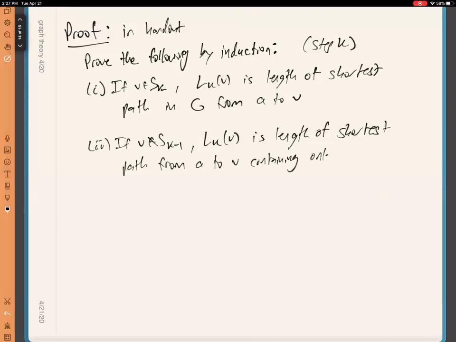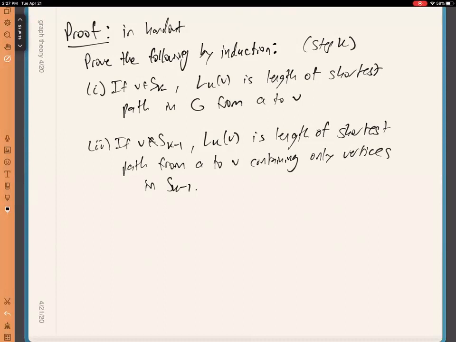So containing only vertices in Sk-1. And so this is how the proof will work, and if you're interested in understanding the argument, you'll see how to prove these two things in the PDF I send you.